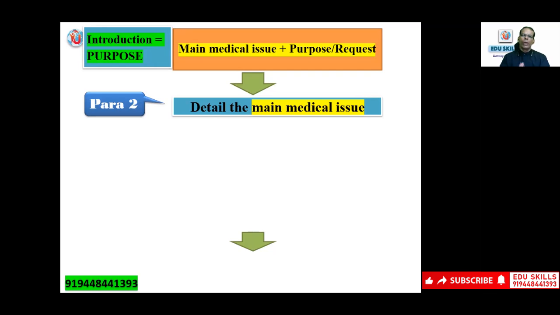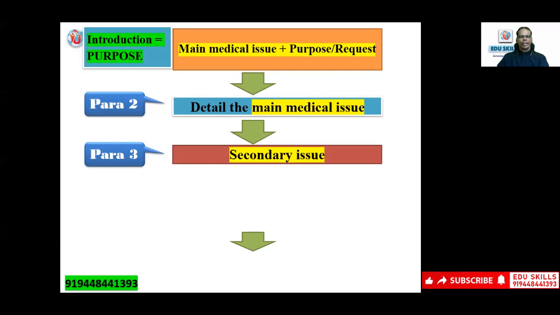Also, if you write a clear introduction, you know what comes next: immediately, the medical issue will be explained. The symptoms and the details given in the medical case notes will be explained in the very next paragraph. After the introductory paragraph, the second paragraph will detail the main medical issue mentioned in your introduction, what you call the purpose statement.